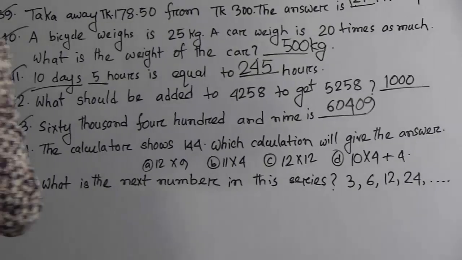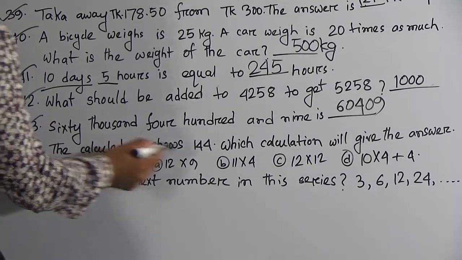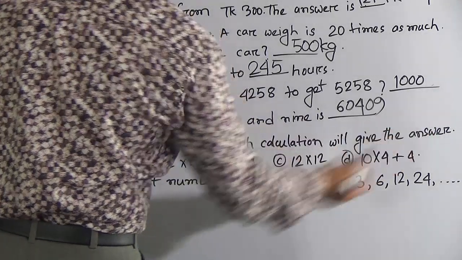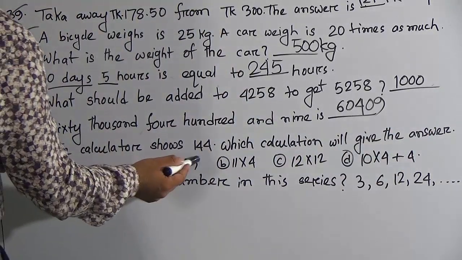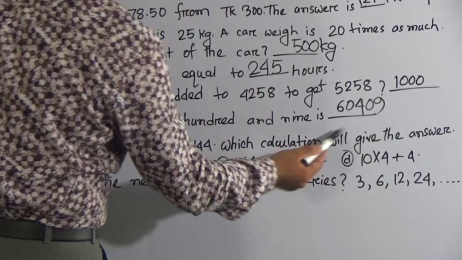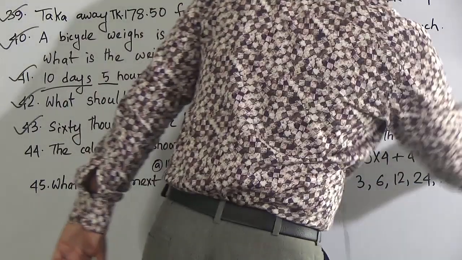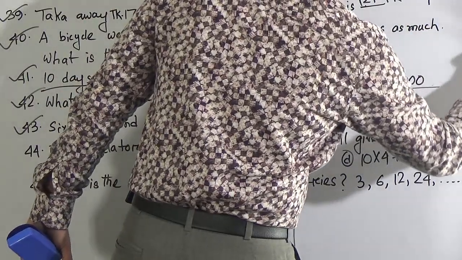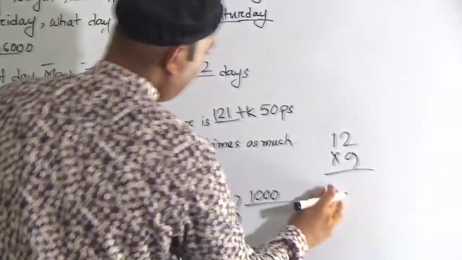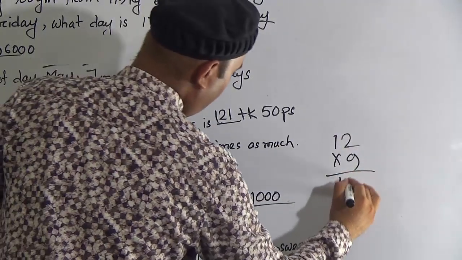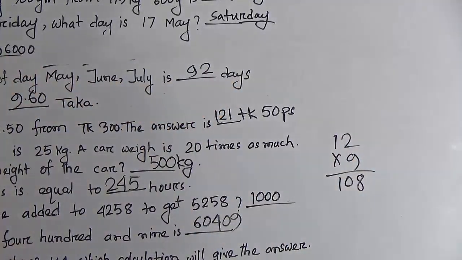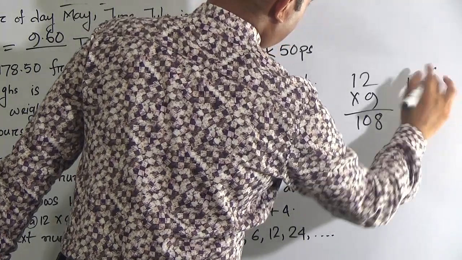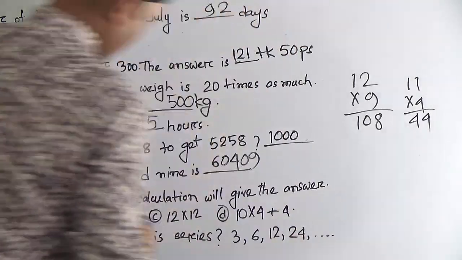Now number 44. The calculator shows 144. Which calculation will give the answer? Look here. Here in option A, 12 multiplied by 9. We know that 12 nines are 108. Option B is 11 multiplied by 4, and we know that 11 fours are 44.